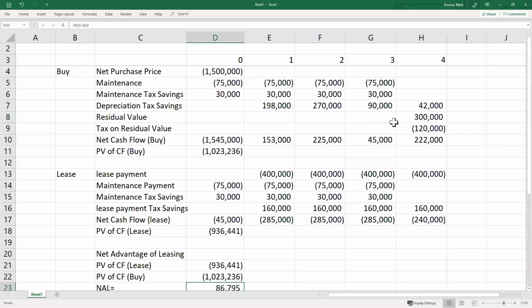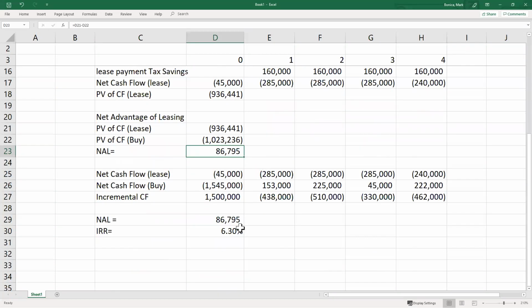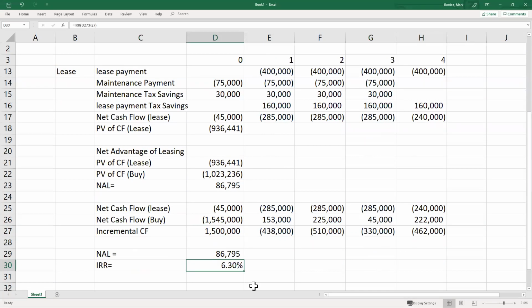It makes the buying more attractive. Why? Because we're earning more money when we go to sell the old equipment. So that gives more cash to the buying option, and it increases our IRR to 6.3%. Now, notice the IRR at 6.3% is still less than 9%, so that's still a go.